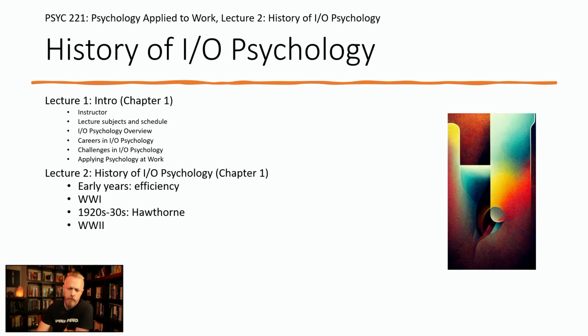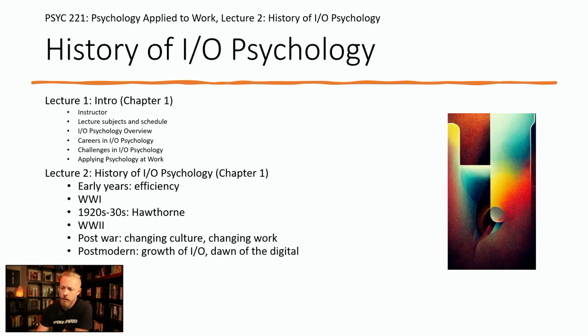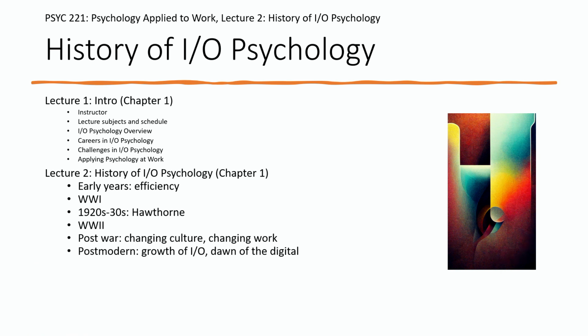And World War II and the dawn of human factors engineering, and then all the change that happened in the post-war era, the dramatic growth in the other domains of psychology, continued growth in IO psychology, and the postmodern era, computers, the generations growing up, dramatic growth in IO, changes in business models, but really the information revolution and what a dramatic effect that had on business and culture.